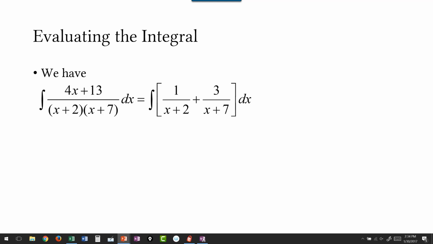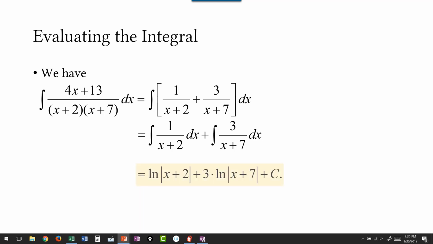And now we have two integrals, each of which is much easier than the original rational function. As a final answer, we would have the natural log absolute x plus 2 plus 3 times the natural log absolute x plus 7 plus a constant.